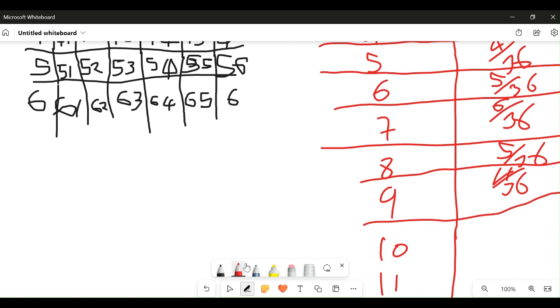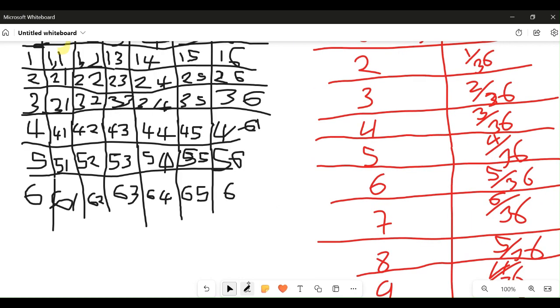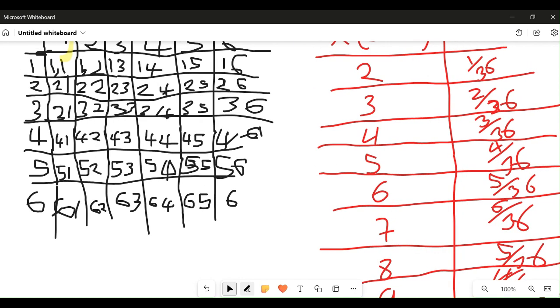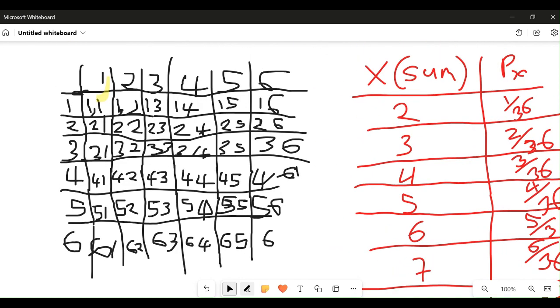Now, probability of their sum being equal to 10. Do the same thing to that. So where do we have 10?